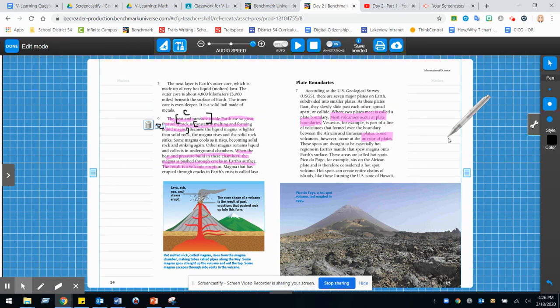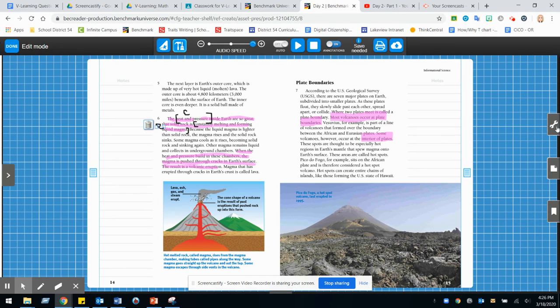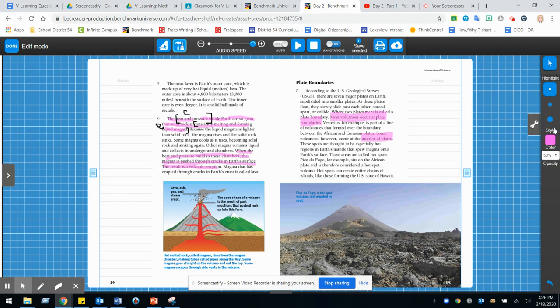As I go ahead and read through the paragraph, because liquid magma is lighter than solid rock, the magma rises and the solid rock sinks. Okay, I see one of my signal words. I see this because. There's my signal word right here. I'm going to go ahead and use a different color to highlight this. There's a clue that it's going to be cause and effect. So the liquid magma is lighter than solid rock.